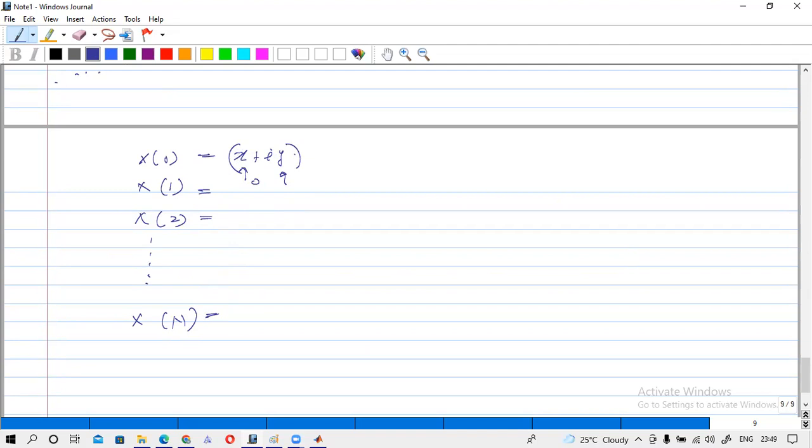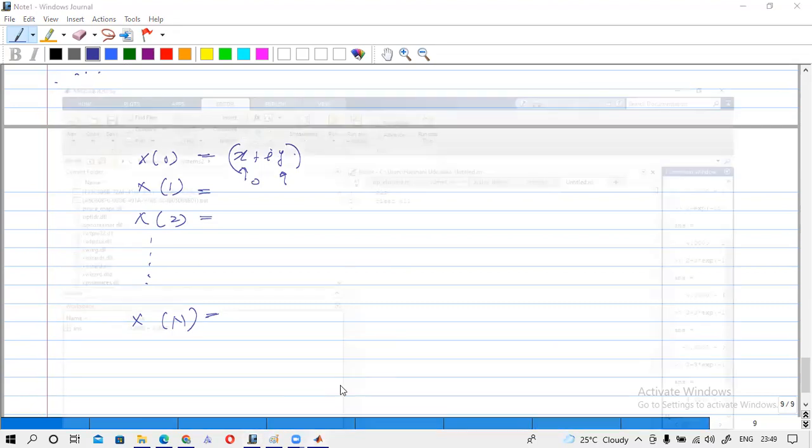But anyway, we can express this as a complex number, because any number can be represented as a complex number. If it is a real number, the only thing is that y is equal to 0, but it can still be expressed as a complex number. I think in Matlab we get it, no?